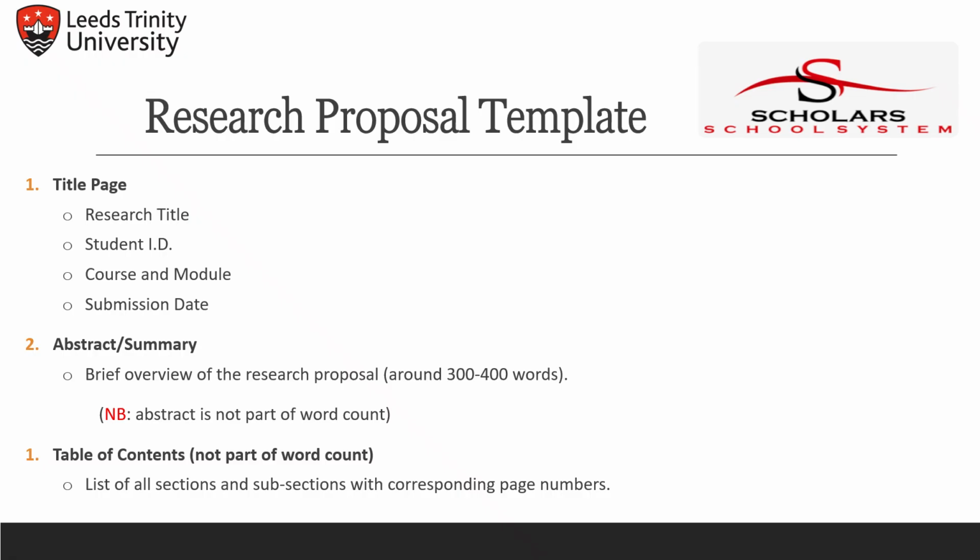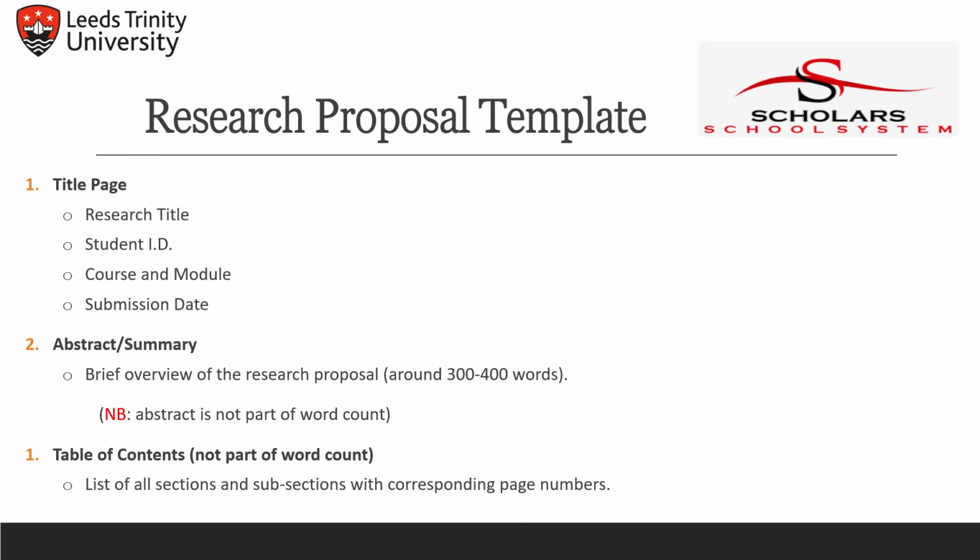Here students have to write a brief overview of the research proposal, and the guided word limit for the abstract is 300 to 400 words, but the word count should not be included in the abstract section.